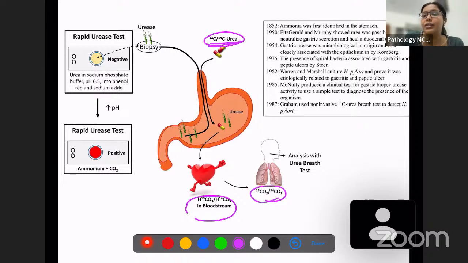This marked carbon dioxide is going to be measured in the urea breath test. When the urea breath test comes out positive, it will be something red in color, because ammonium is combined with this and it gives this color. If there is no color, then this is negative. So this is how the urea breath test works.